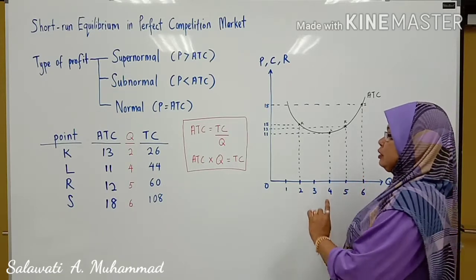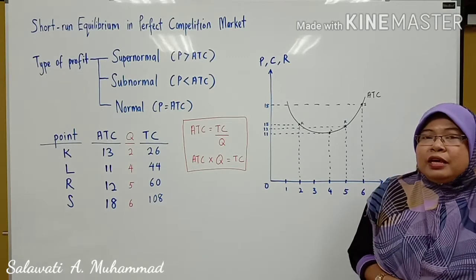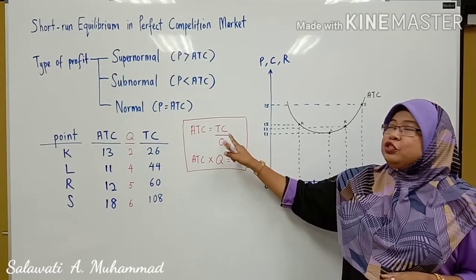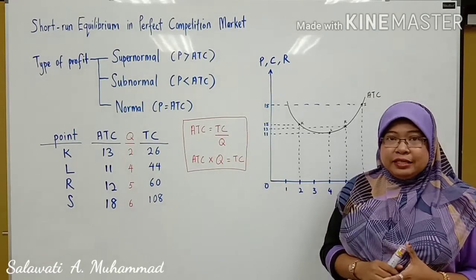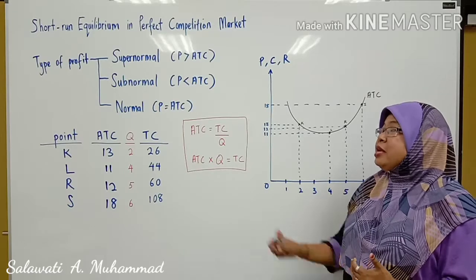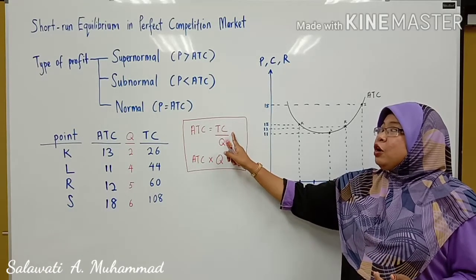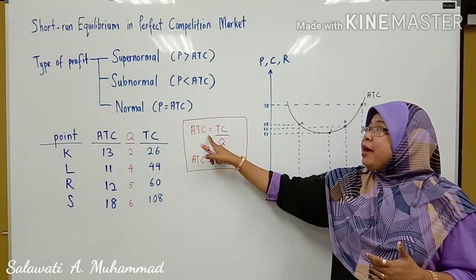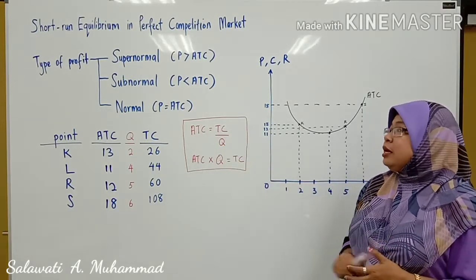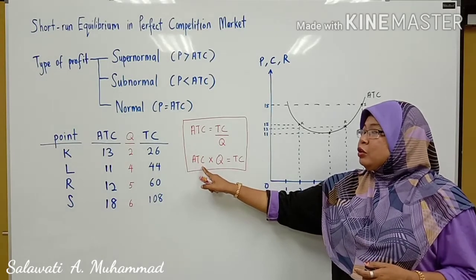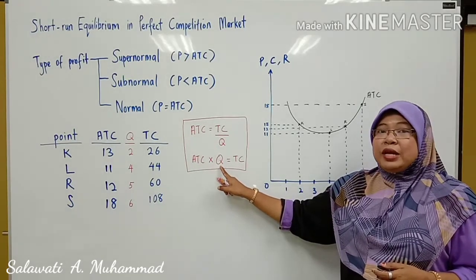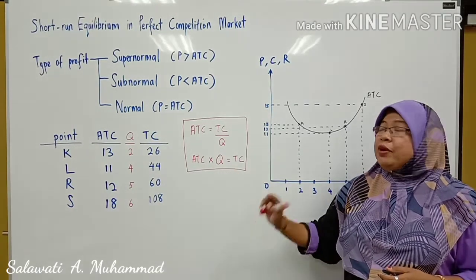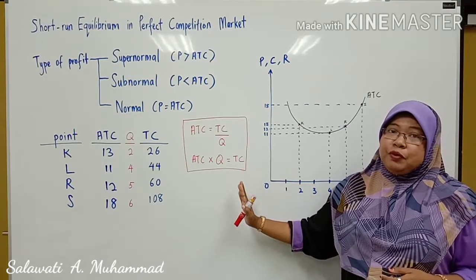First, we refer back to the formula for average total cost. It is total cost divided by quantity. So in order to get total cost, we need to move quantity, meaning we multiply average total cost by quantity. This is the formula.